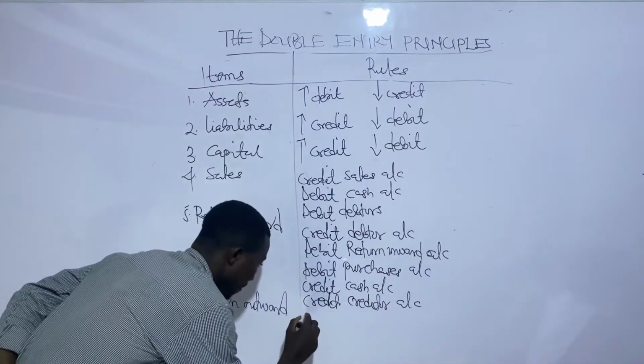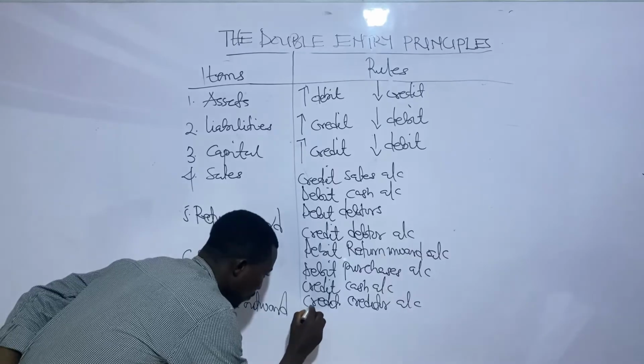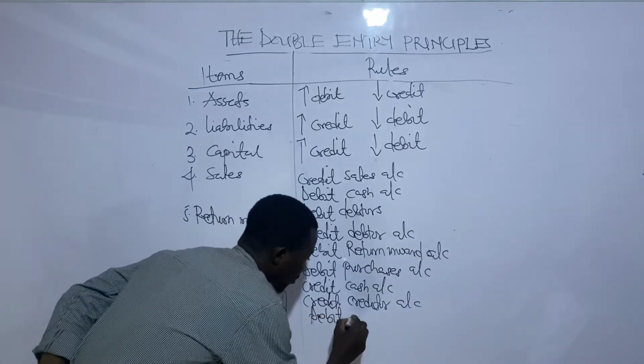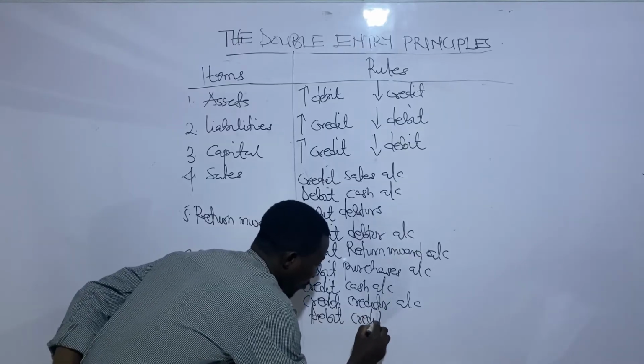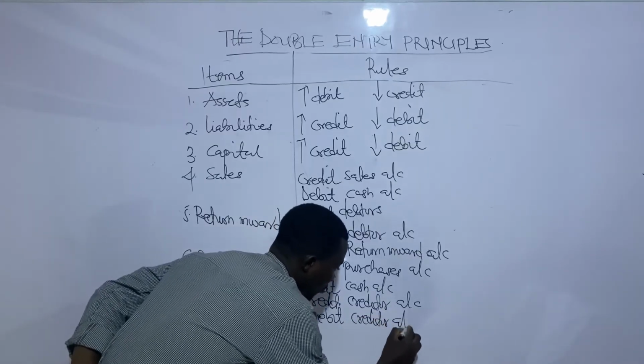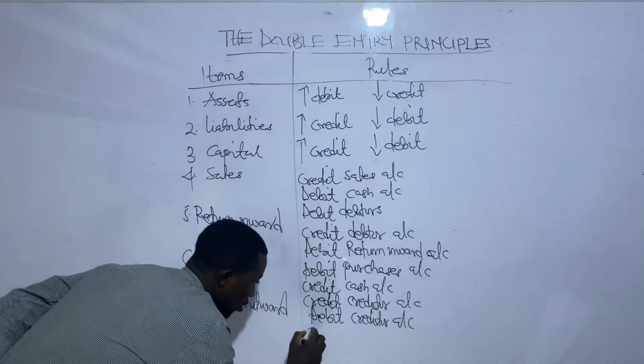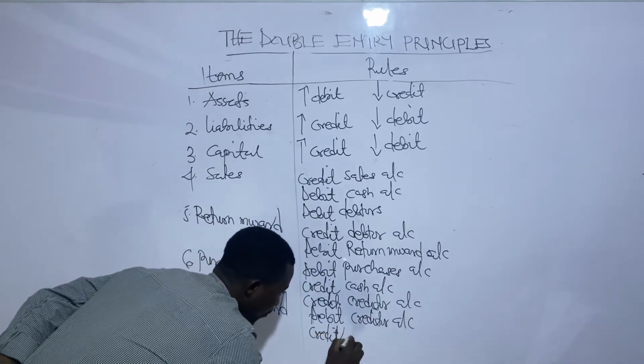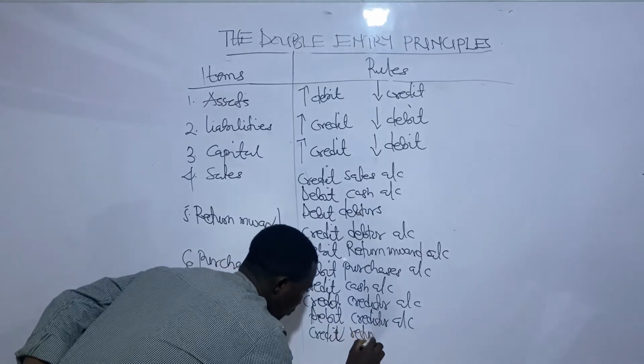So we debit creditor's account, then we credit return outwards.